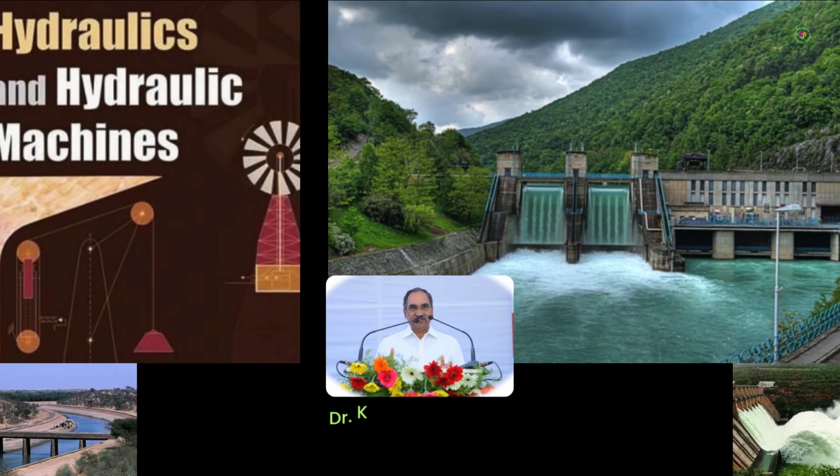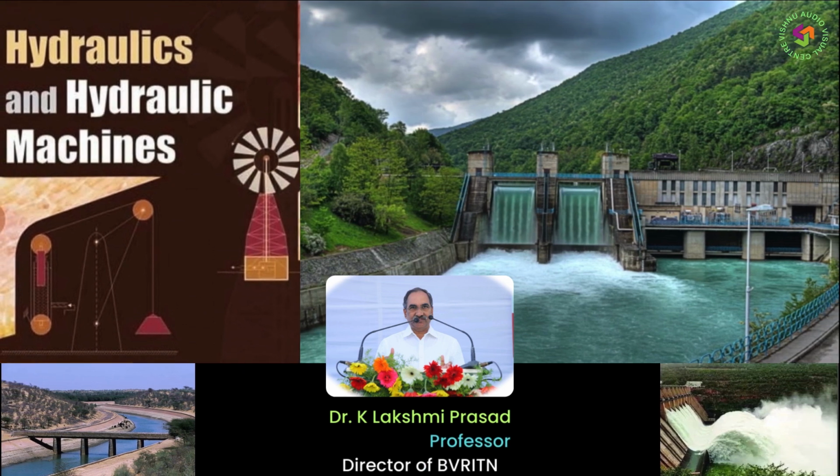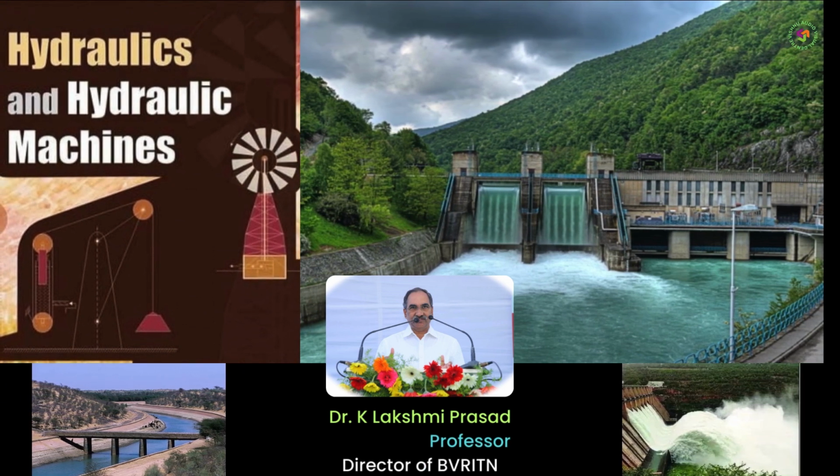Good evening, everybody. In the previous lecture, we discussed the most economical section and what the conditions are for the most economical section in the case of a rectangular channel.